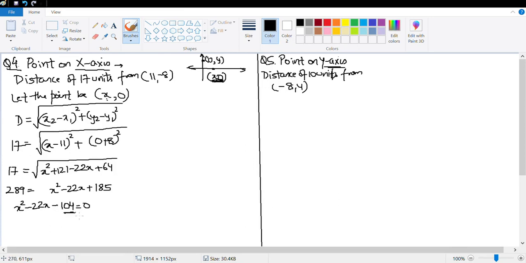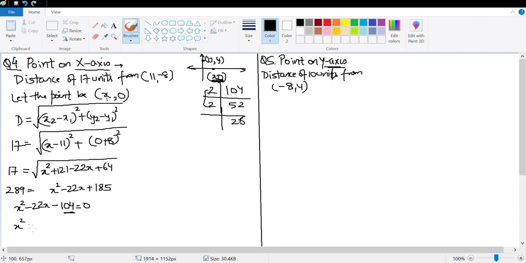So now I need to find factors of 104, the sum of which is negative 22. So let's try and look at factors of 104. Let me do factorization. 104 will be 2 into 52. Let's look at another one. So 2 into 26. So 4 and 26. Yes, 4 and 26 gives me 104, and it will also give me negative 22.